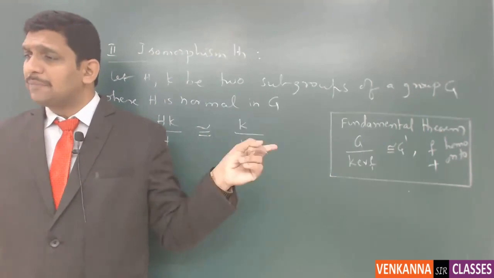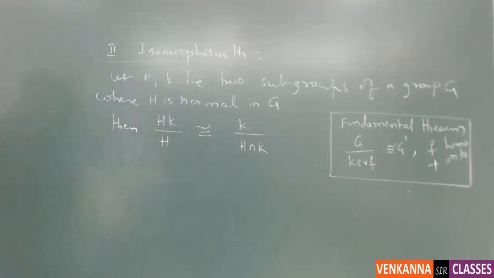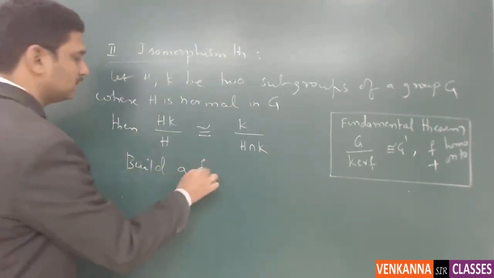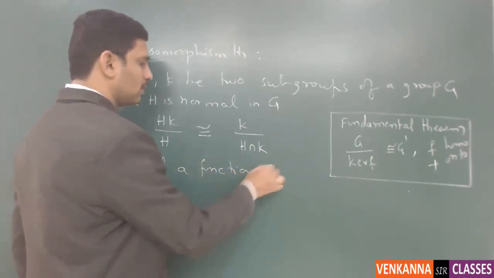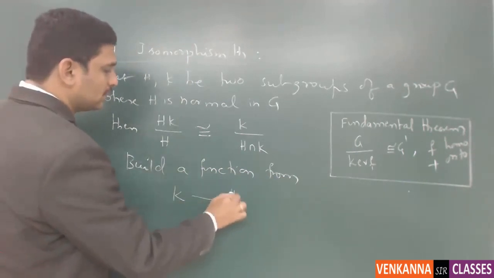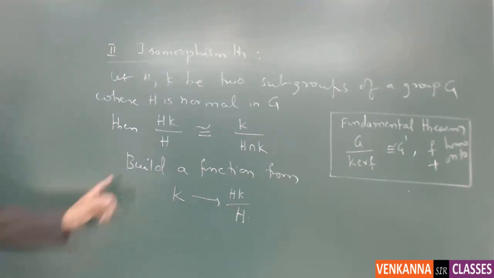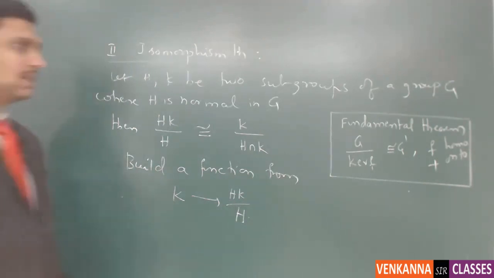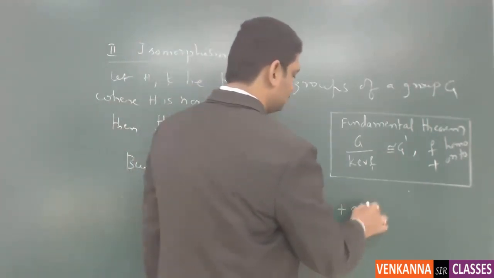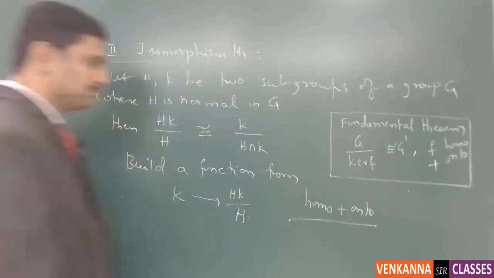So the same strategy I am going to follow here. So my strategy here is I want to build a function from K to HK by H. And I am going to prove that that function is a homomorphism and onto. This is my claim.